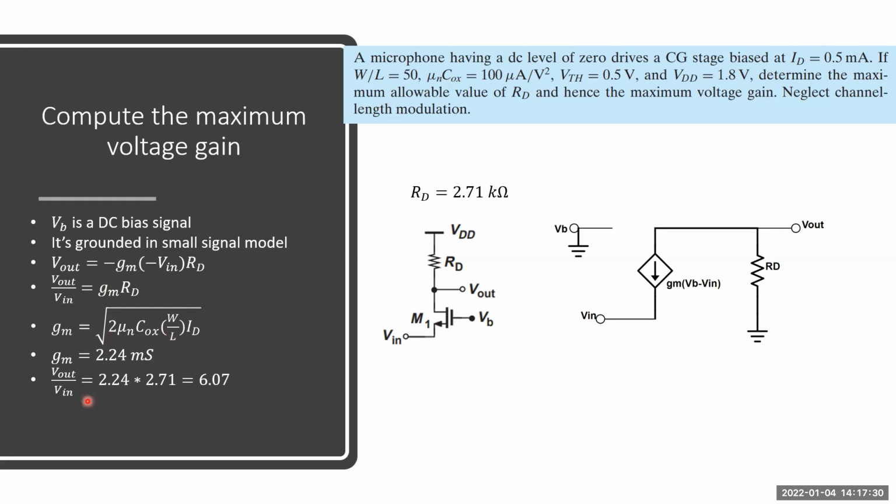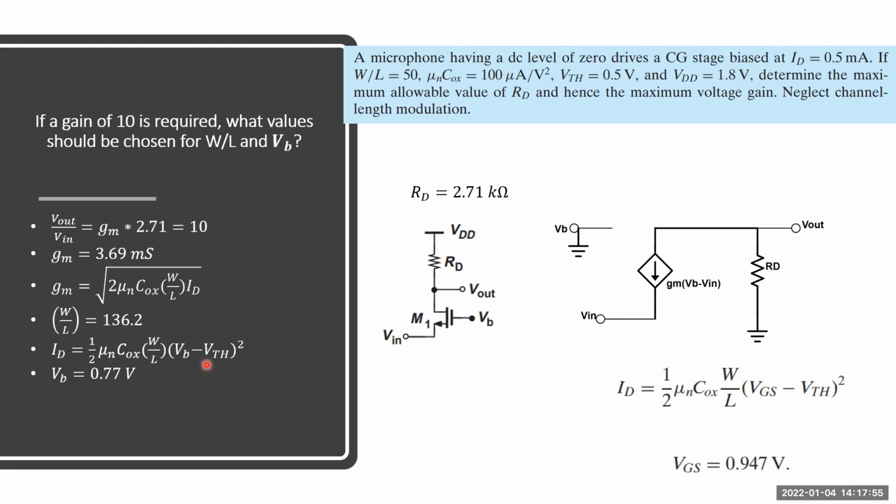Then we can calculate the voltage gain expression. V out divided by V in equals 2.24 millisiemens multiplied by RD, 2.71 kilo ohm. Then it equals 6.07 voltage gain. This is our voltage gain for the common gate amplifier.